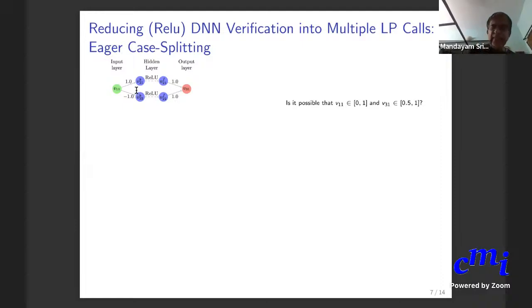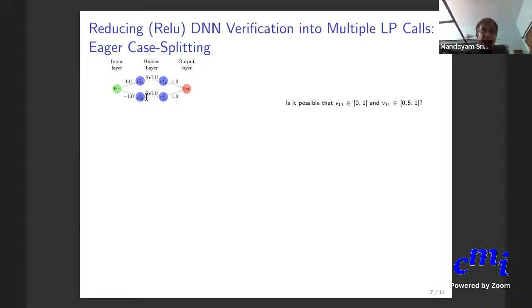As I said, ReluPlex is a specialized decision procedure that extends simplex with a few additional inference rules to take care of these ReLU constraints, to see what the problem of verification, the satisfiability problem, is in the presence of ReLUs for a deep neural network.